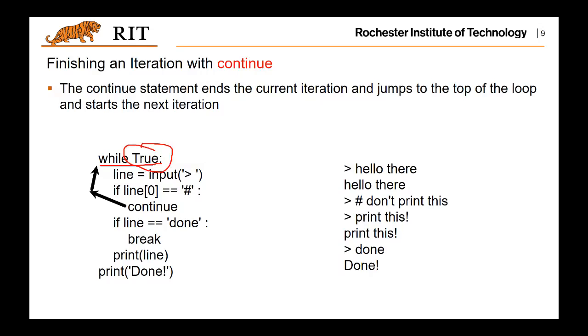But for some special cases, no matter what the criterion, no matter what the value is, you just don't want to do the computation anymore. You just don't want to stay inside the loop anymore. At that time, definitely you need a break. When that case happens, you just want to terminate the loop and go outside of the loop.